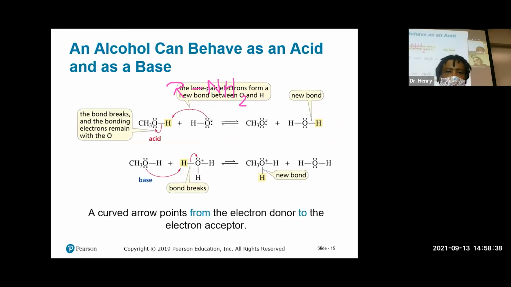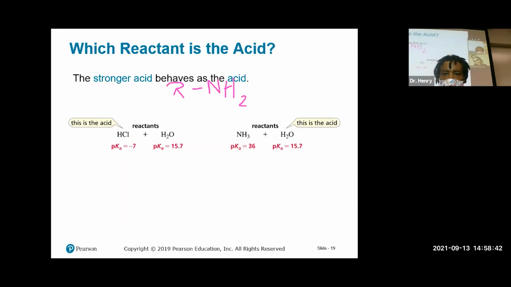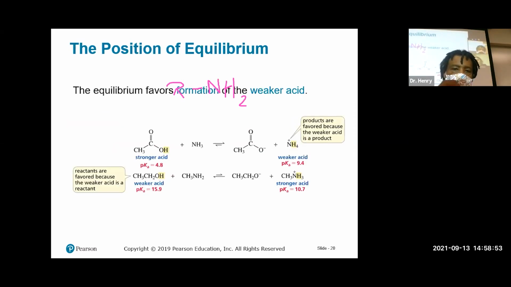Okay. So now, let's see, clear. The equilibrium favors the formation of the weaker acid.